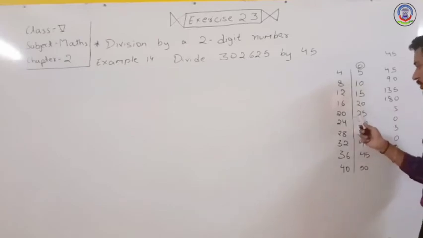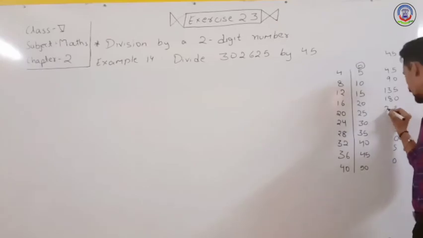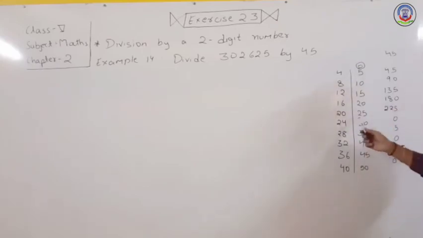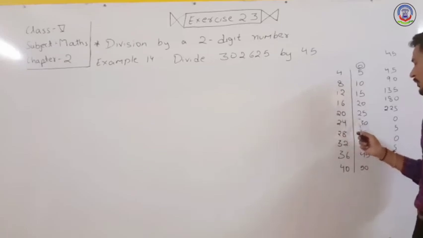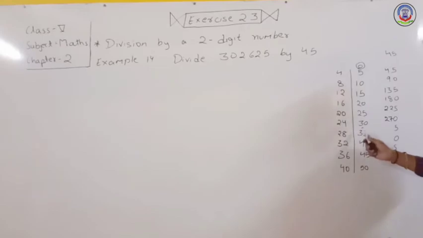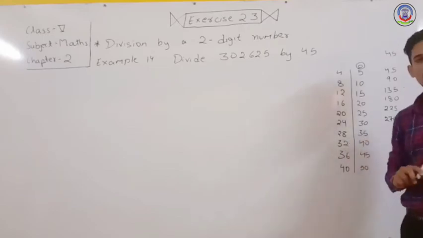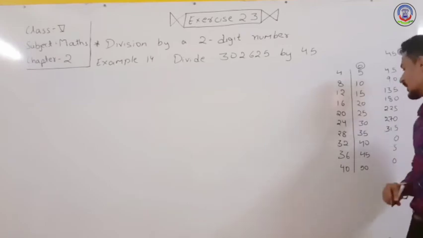Next we have 2 and here it is 20, so it is 22, so we write 22. Next we have 3 and here 24, so it is 24 and 3 is 27, so we write 27. Next we have 3 and 28, so it is 31, so here 31.